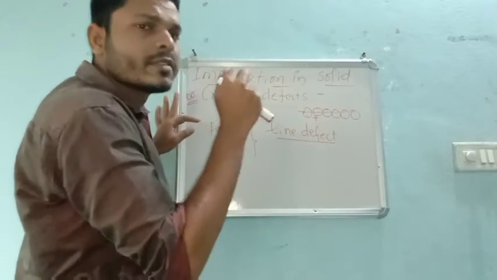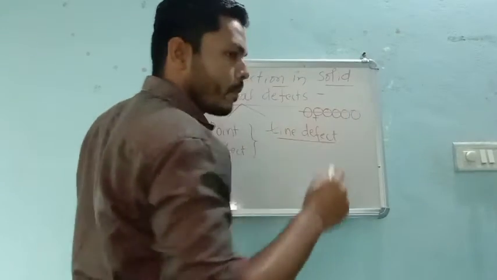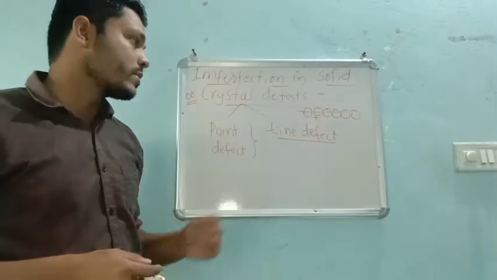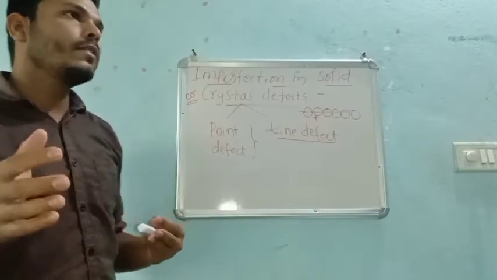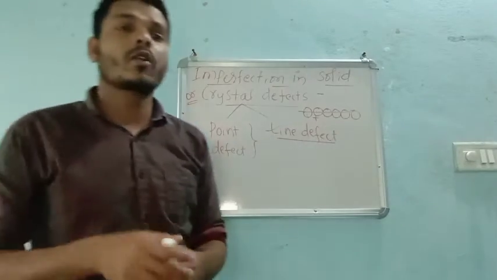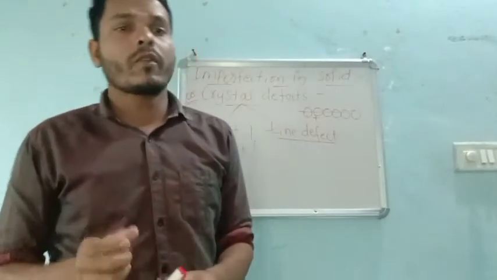Point defect means at a single point, and the line defect is nothing but the complete row going into deviation. Such defects are called line defects, right? Why are solids undergoing imperfection?